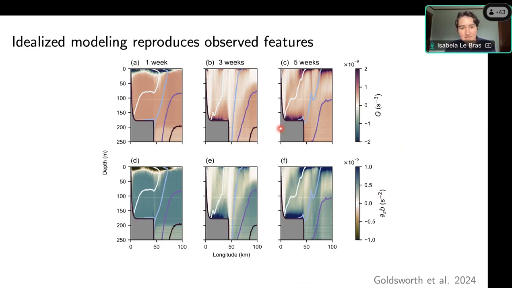This is potential vorticity at the top, stratification at the bottom, and then some isopycnals here. You can see that after 3 weeks there's this low PV, very unstratified water right on the onshore side of the boundary current that's mixing water down to great depths. So these symmetric instabilities, slantwise convection, appear to be kicking off and making this connection between the surface and the deep.